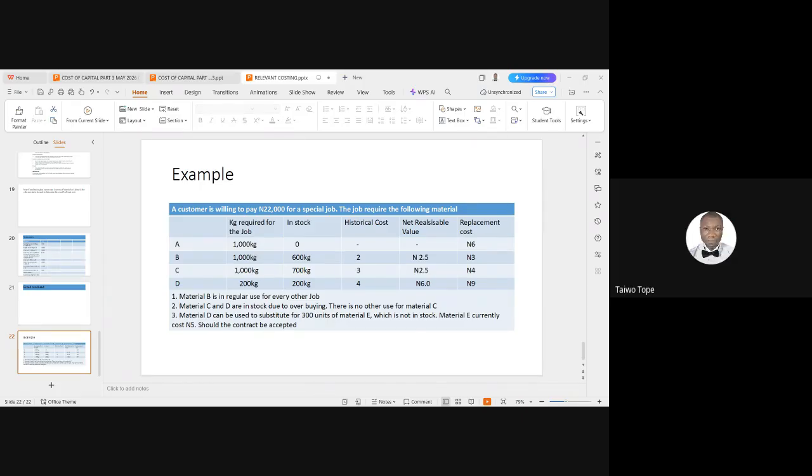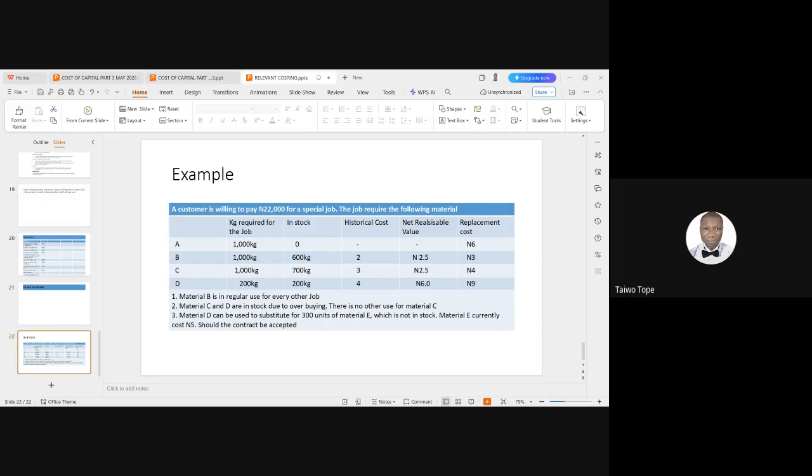Material E currently costs 5 naira, so 5 multiplied by 300 units. You spend 1,500.